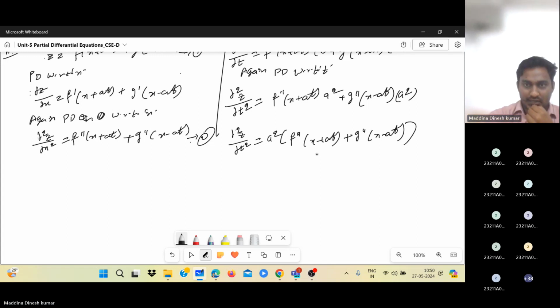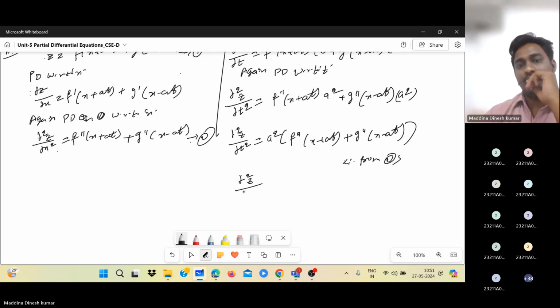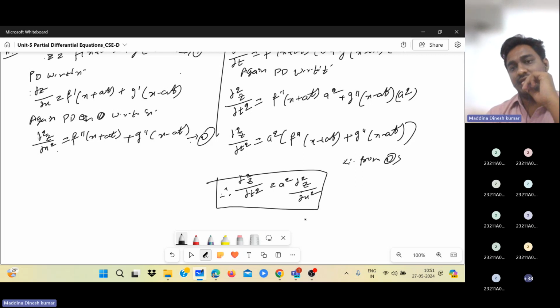From 2, in place of f double dash of x plus at plus g double dash of x minus at, you can write dou square z by dou x square. So from 2, dou square z by dou t square equals a square dou square z by dou x square. That's it.